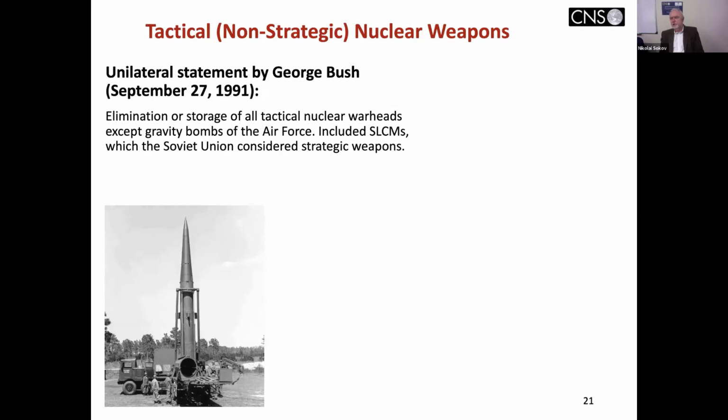So look, at the end of September, George Bush quite suddenly made a statement that the United States planned to radically reduce nuclear warheads that were intended for short-range or medium-range delivery vehicles, and the United States was only to keep about 1/3 of gravity bombs and a bit more than 100 sea-launched cruise missiles with nuclear warheads.